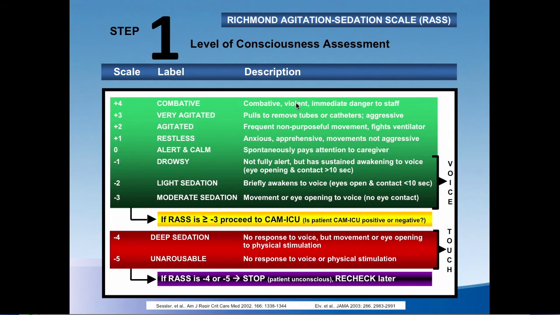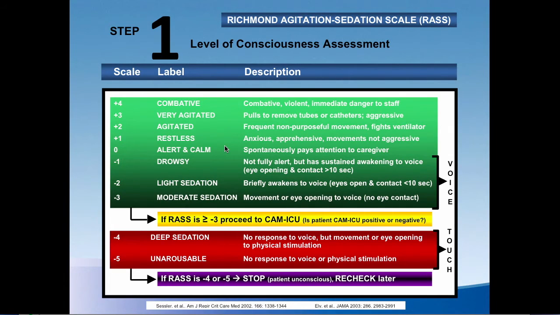Some of the other important points about the Richmond Agitation Sedation Scale is, as you can see, it goes from +4, which is combative. We don't want that. Suboptimal, all the way down to -5, unarousable. Sounds suboptimal too. We don't want that either. So the important point here is that if you make an assessment of your patient using the RASS scale, and their RASS score is greater than or equal to -3, then you can assess the patient to see if they have delirium using the CAM-ICU.